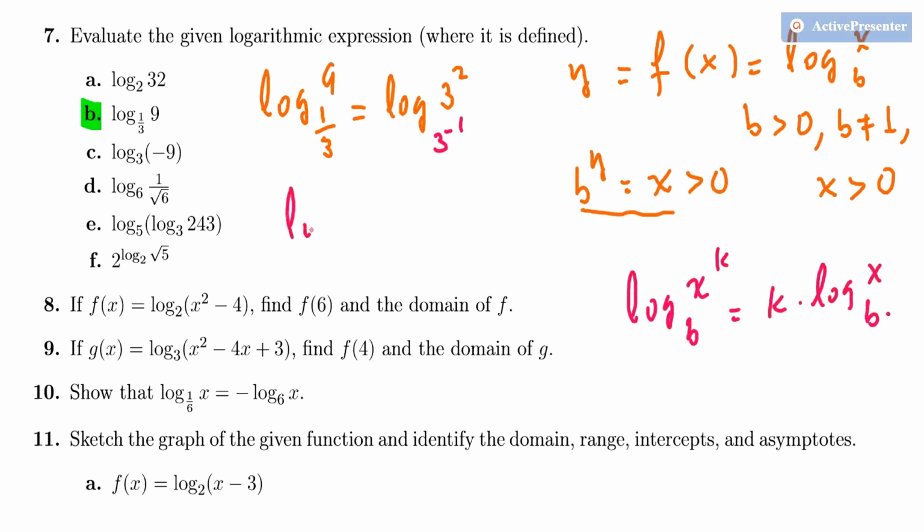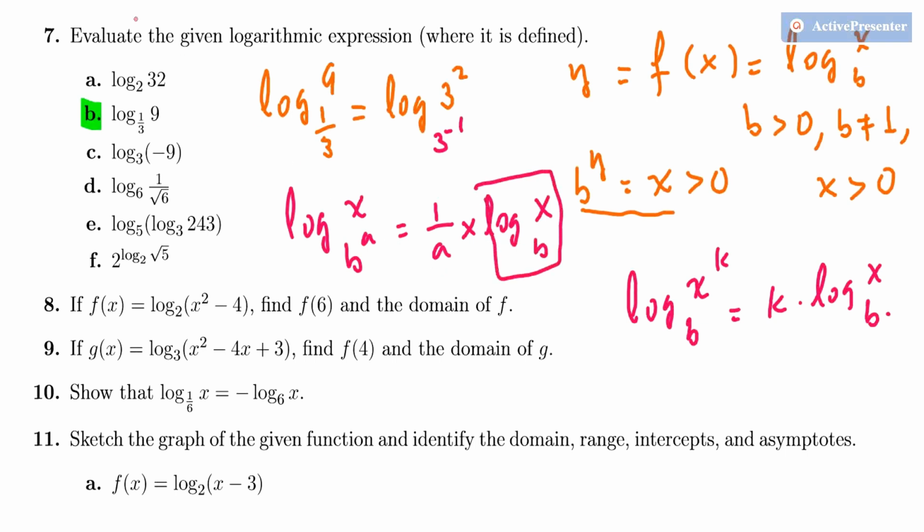The other one, the logarithm of x to the base b. If the exponent is in the base like b to the power of a, then a can be taken to the outside by taking the reciprocal times the logarithm of x to the base b. So now this will be simplified.